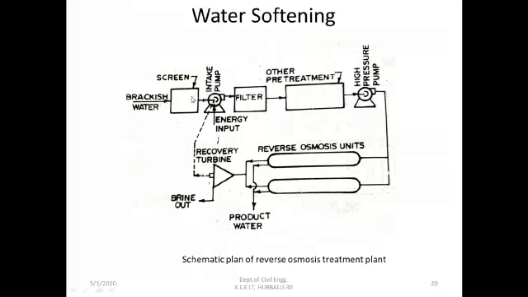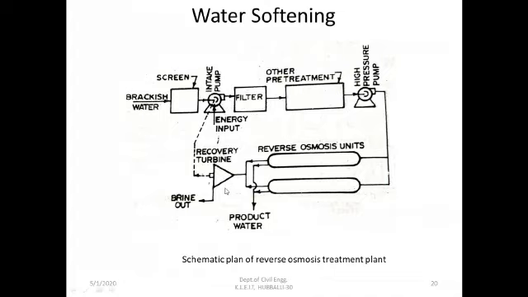The brackish water undergoes preliminary treatment, that is screening, filtration and other pre-treatment, which may be sedimentation, etc. And then with the use of a high pressure pump, it is passed into these reverse osmosis units which contain membranes, and the product water, that is the water which is being treated, comes out here, and the brine which contains salts in it is recovered and sent through a turbine, and again it is sent to the filter unit and it is being recycled.